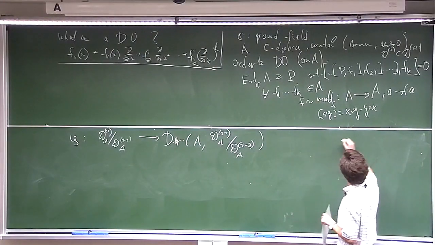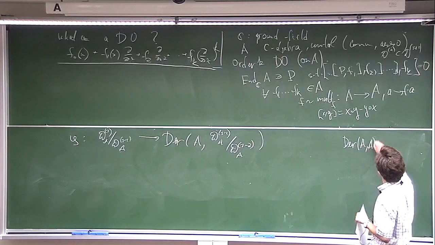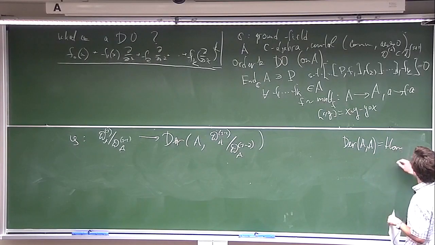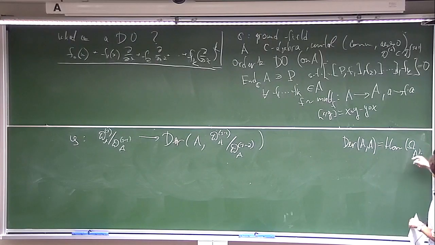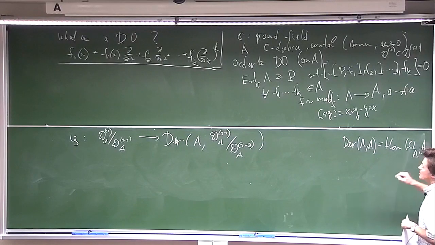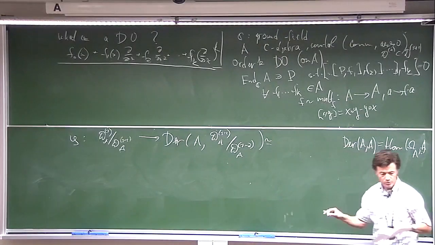Now remember, the space of derivations from A to A was the same as the space of homomorphisms from the chiral differentials to A. The same is true in general, and it's true for exactly the same reason.